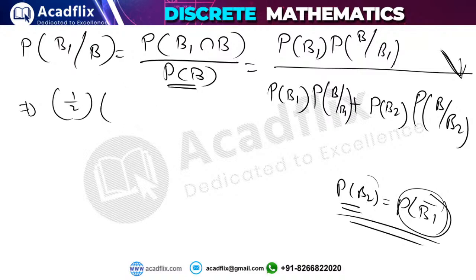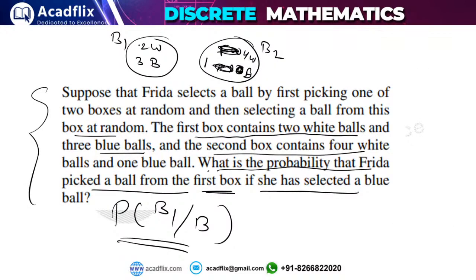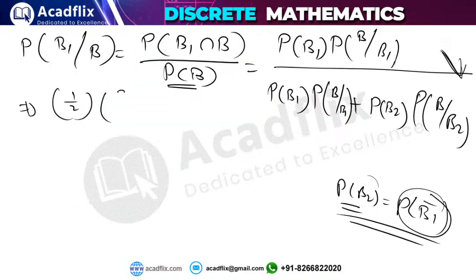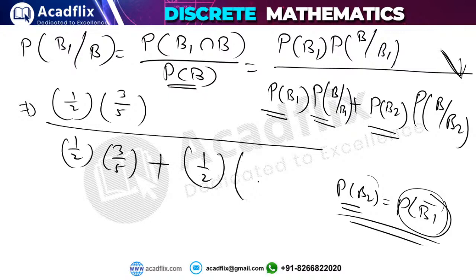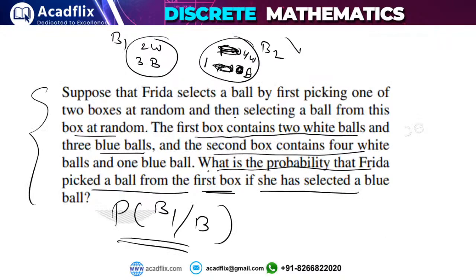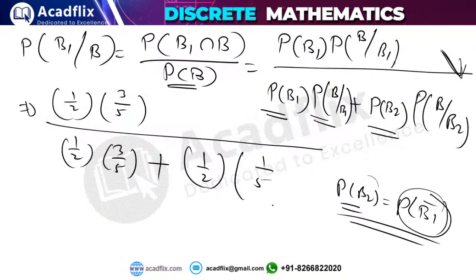The probability of a blue ball from box 1 is 3 divided by 5. So this is 1 by 2 times 3 by 5, plus the probability of box 2, which is half, times the probability of a blue ball from box 2, which is 1 by 5. This is your answer. You can just calculate.